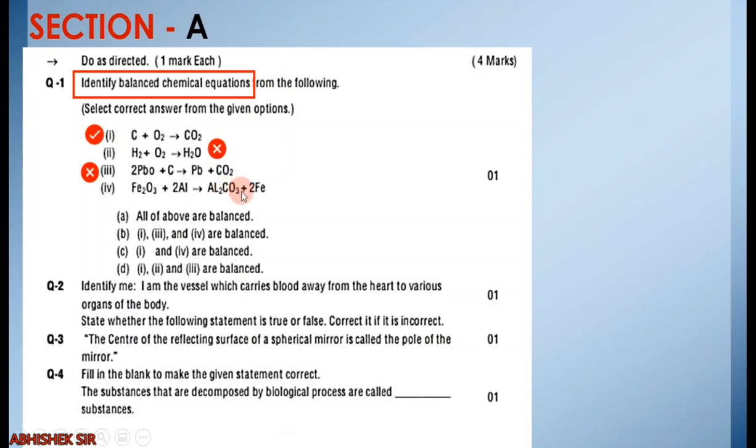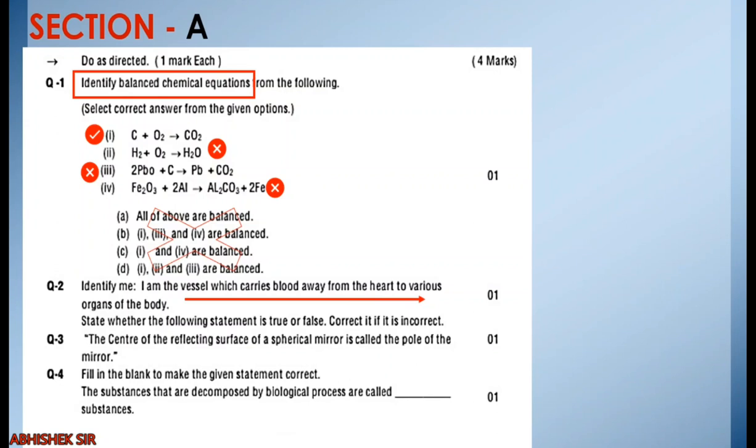This carbon. This carbon is there in the product but not in the reactant side, so we can conclude that this is not balanced, and only first is the balanced one. And of all the options, if you see, then none of the options are correct. So accordingly you will get marks if you have benefit of doubt.